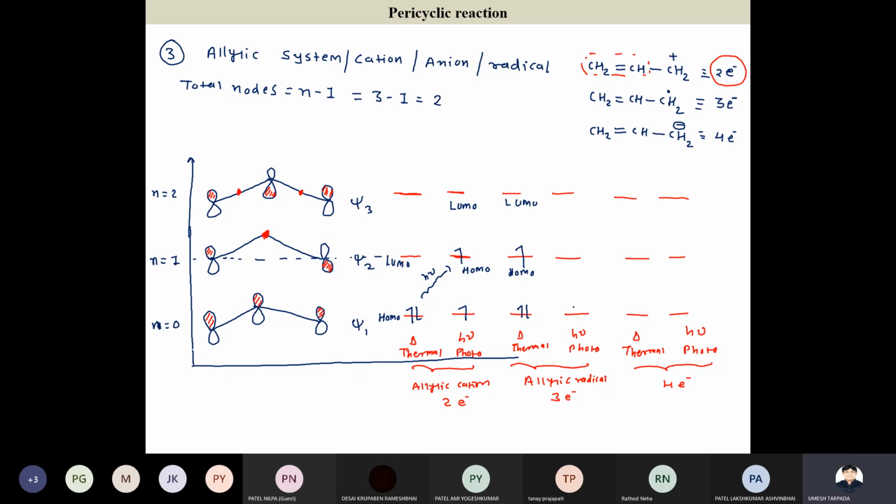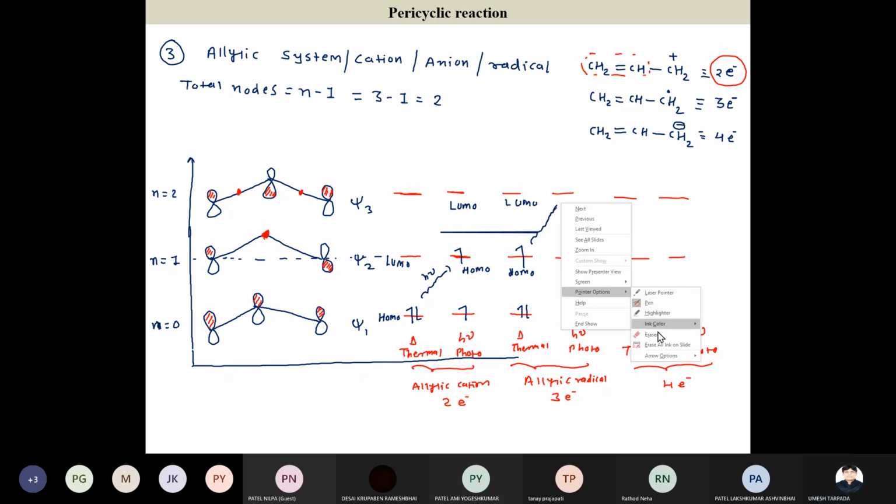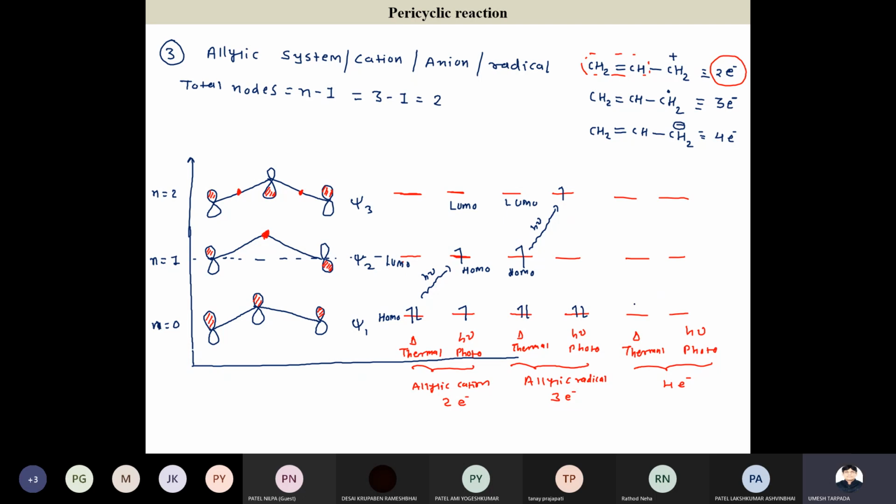Now if you go for a photochemical reaction, then one of the electrons gets excited from psi 2 to psi 3 in this way. So this becomes your HOMO.